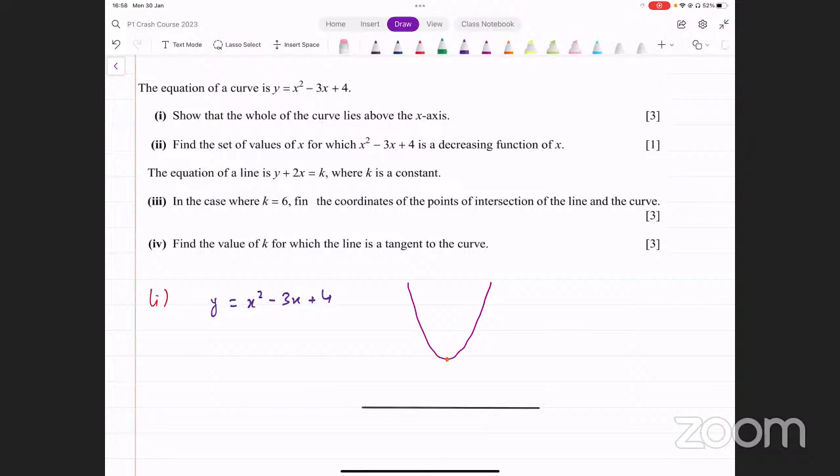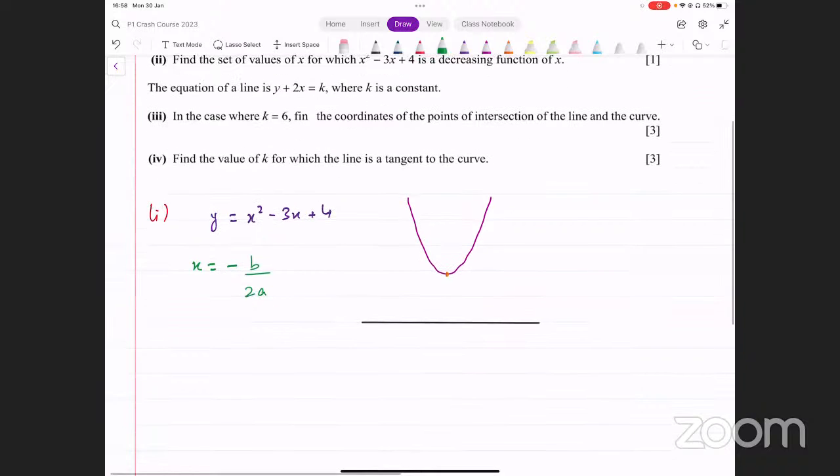We use this formula, x equals minus b over 2 times a. Now, what's b in this function? B is minus 3. So in the numerator, we've got minus into minus 3 divided by 2 times a. A is the coefficient of x squared, which is just 1. So the x coordinate of the turning point turns out to be 3 over 2.